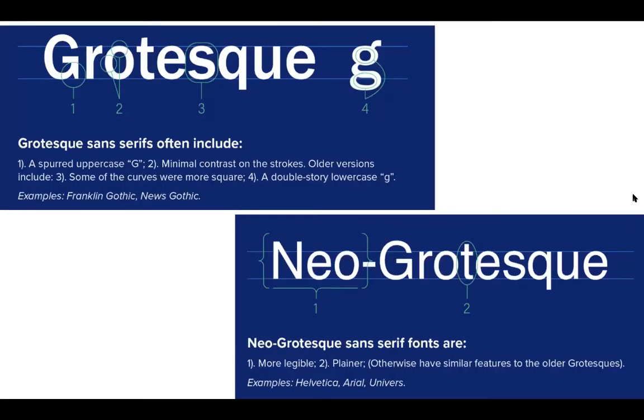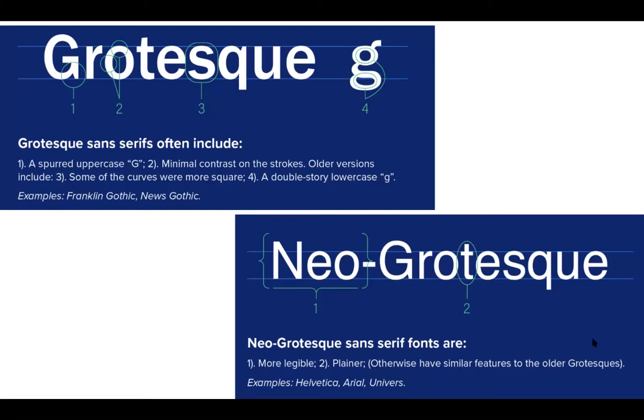So here we see grotesque sans serifs often include a spurred uppercase and minimal contrast on strokes. As we see, this is pretty much the same all throughout. We also see the curves are a bit more square, so that S is almost like a square right there, and a double story lowercase g.